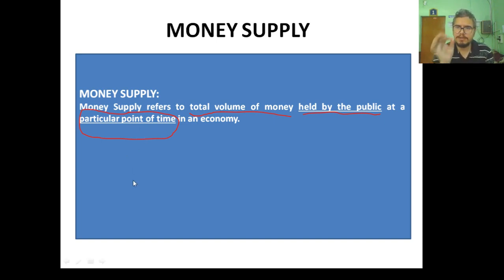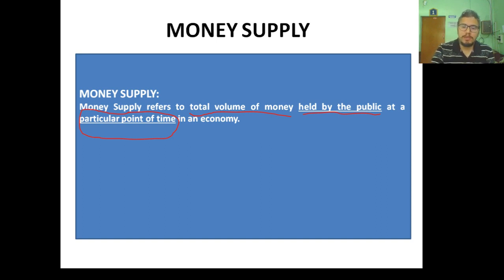Point of time means at a particular time. For example, 31st March 2020 or 21st August 2019, or say 10 a.m. yesterday, these are examples of a particular point of time. There is no range of time being dealt with in this case.